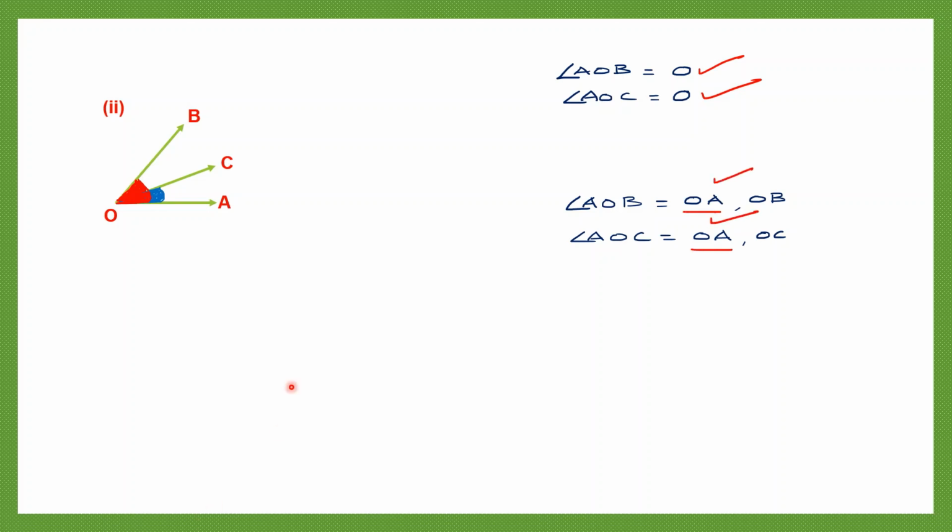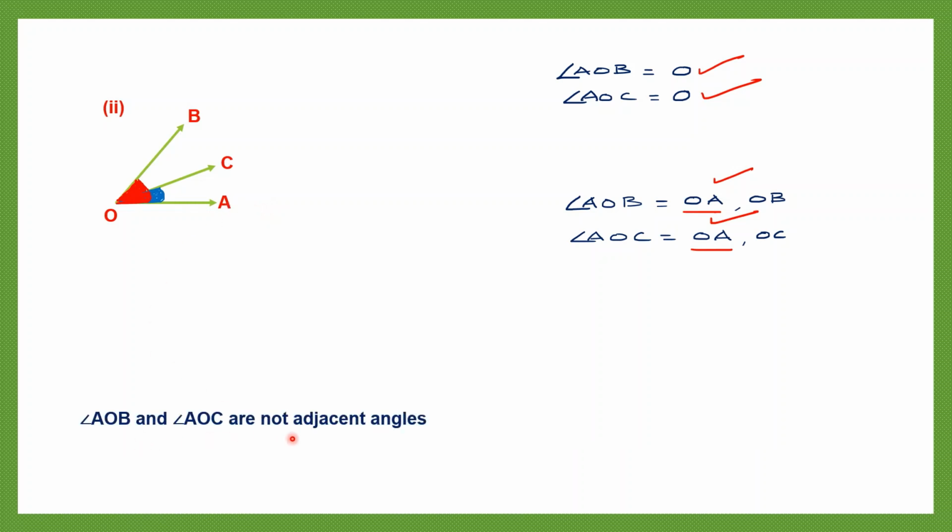Now, but is this common arm OA in the middle? Are the other arms on the opposite sides of this arm? That means OA should be in between the other two arms. But it is not in between. It is at this end. So that means the other two arms are not on the opposite sides of OA. So these two angles are not adjacent angles.